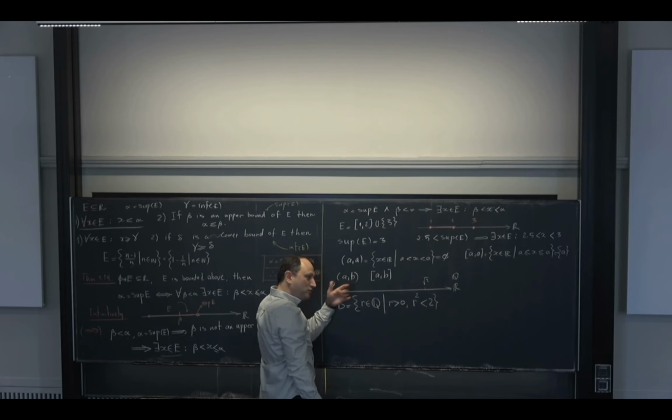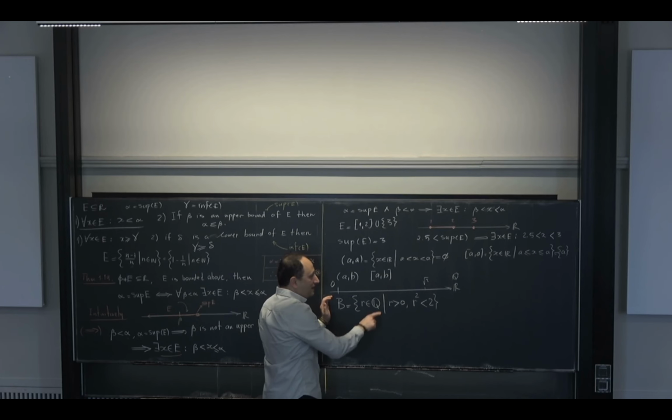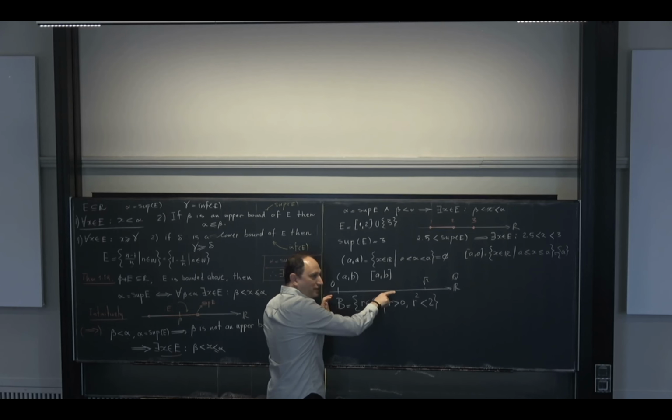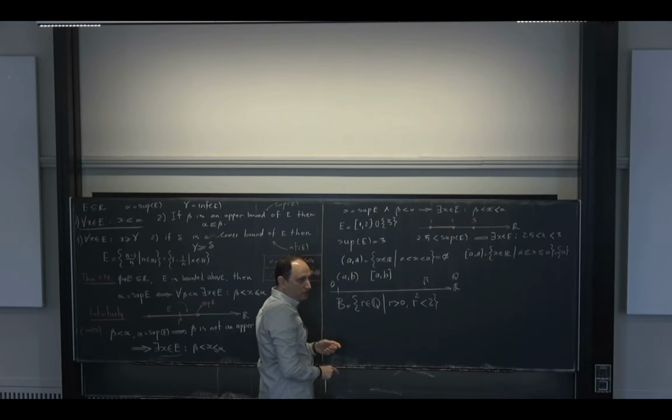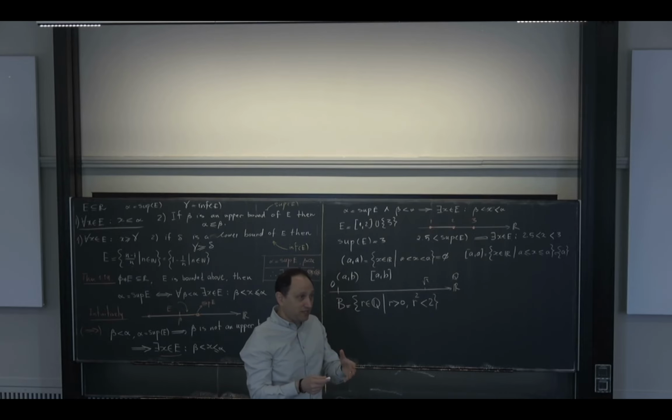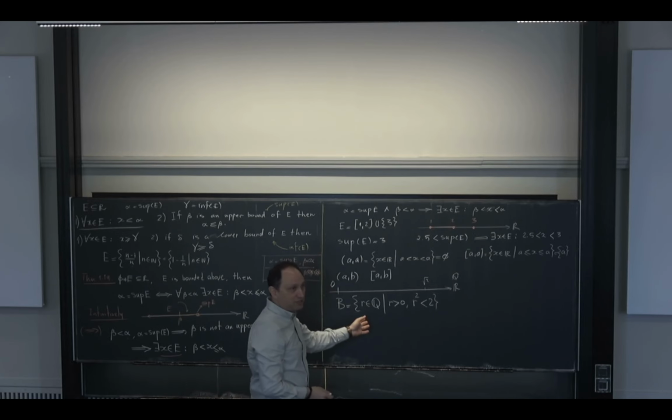Because you have already passed the calculus course, hopefully you know that I can get closer and closer to the square root of 2 even within the set of rational numbers. So your feeling might tell you that the supremum is the square root of 2. But the problem is that the square root of 2 is not a rational number.